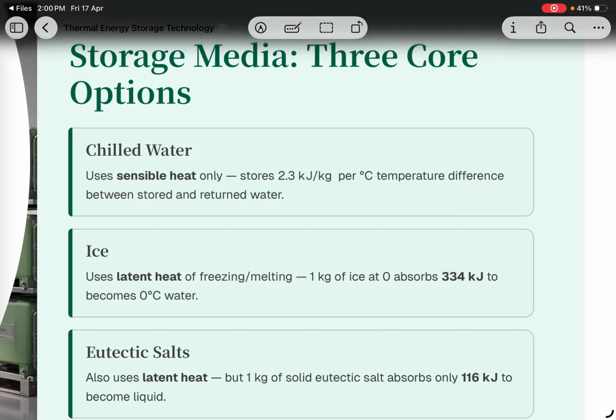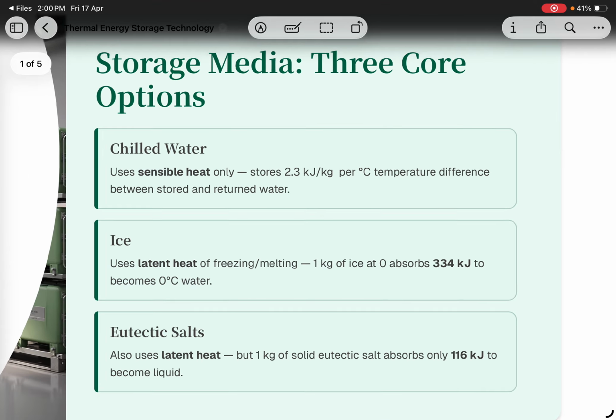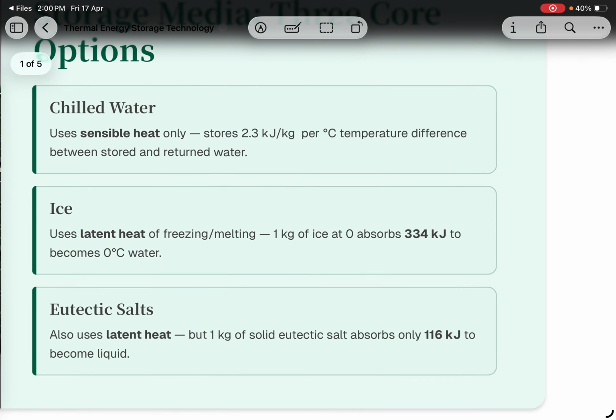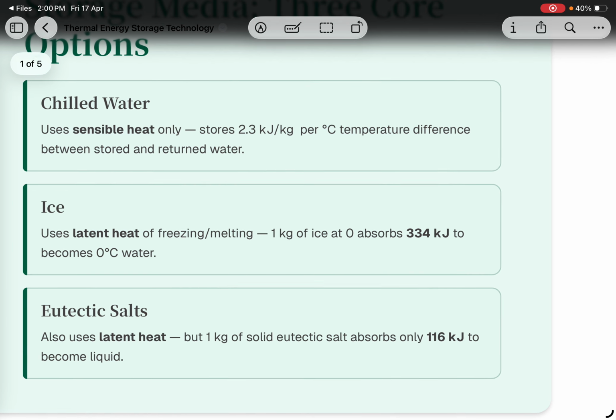So the temperature difference which I am talking about is the temperature difference between the stored water, the water which is going to be stored in the tank, and that of the returned water.